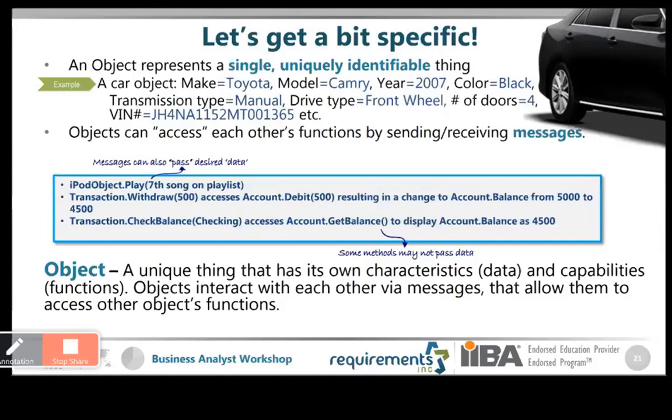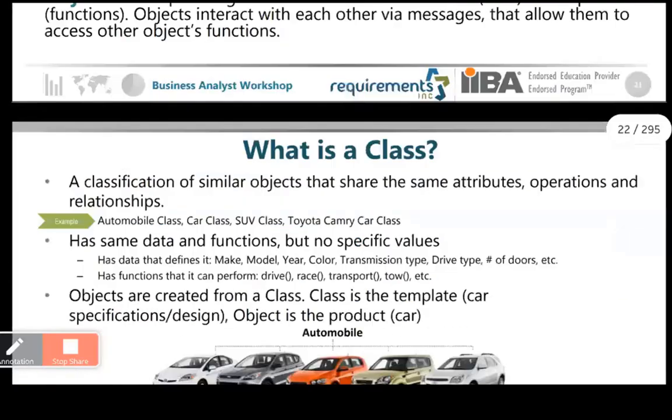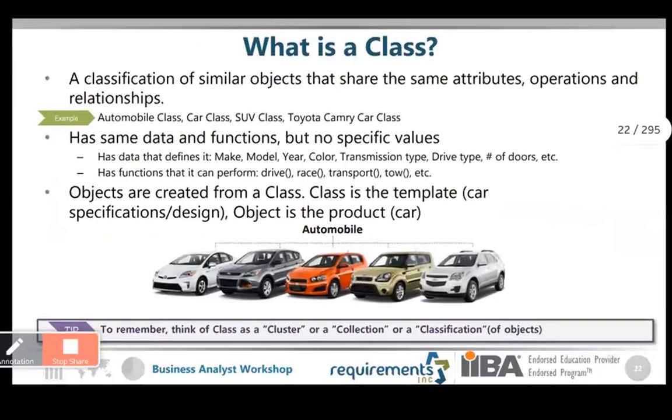So when we say object is born, the technical term to use there is an object is instantiated. You create an instance of the class, you create an instance of an object from the class template.